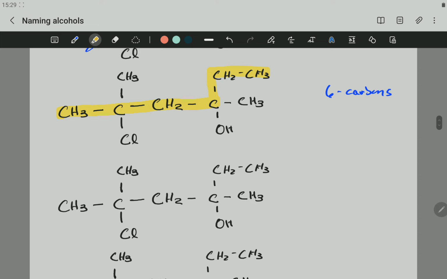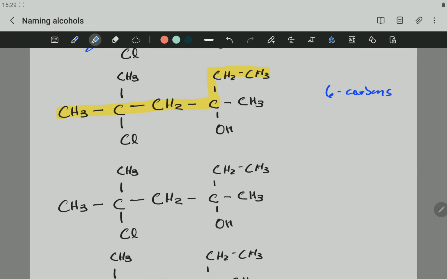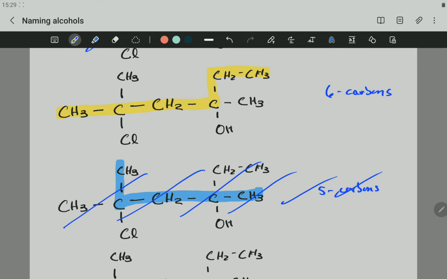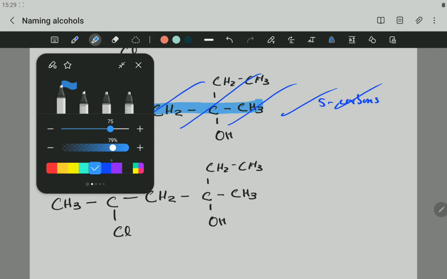Let's see another option here. Going from here, there, that is another option of carbon chain, and this one will have 1, 2, 3, 4, and 5 carbons. 5 carbons is also smaller, so we take it out. And the last option we have is starting from the top and going all the way down and turning at the corner.